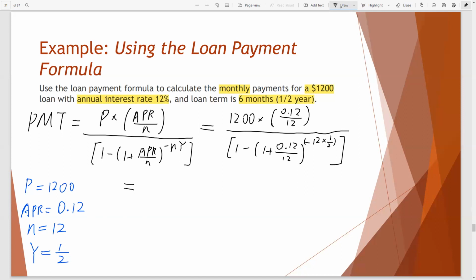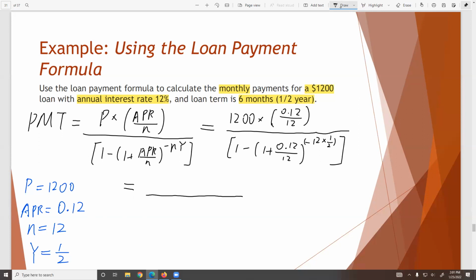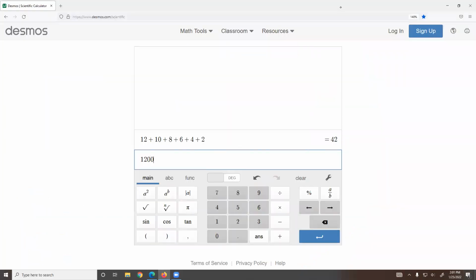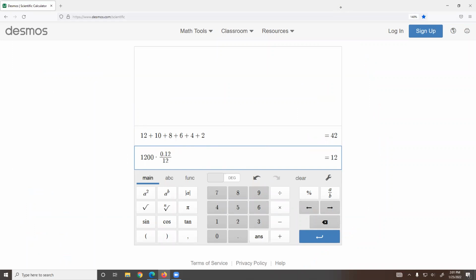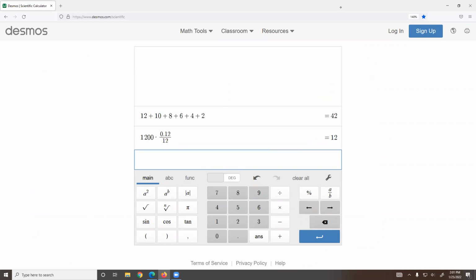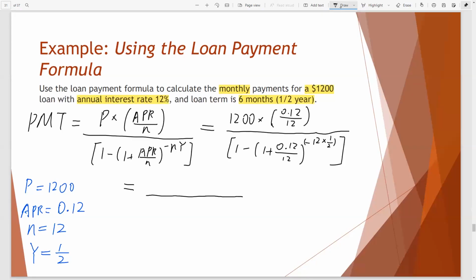If you want, you could calculate the numerator together in one step. Just use the calculator: 1200 multiplied by 12% divided by 12. So that is 12 on the numerator.